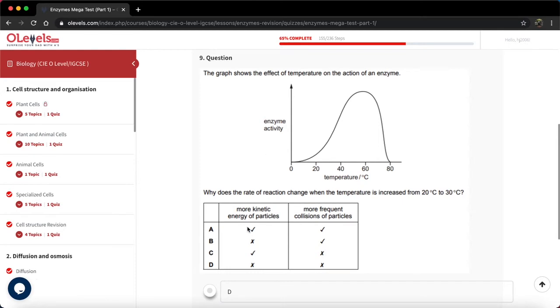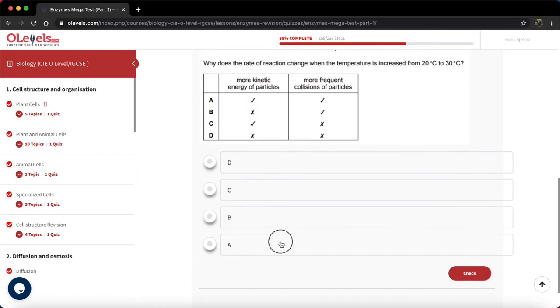Okay, more kinetic energy of particles. Yes, that's true. As the temperature increases, the kinetic energy of particles increases and they collide more frequently. So A or C could be the correct option. Now, more frequent collisions of particles. That's true. So A is the correct option.